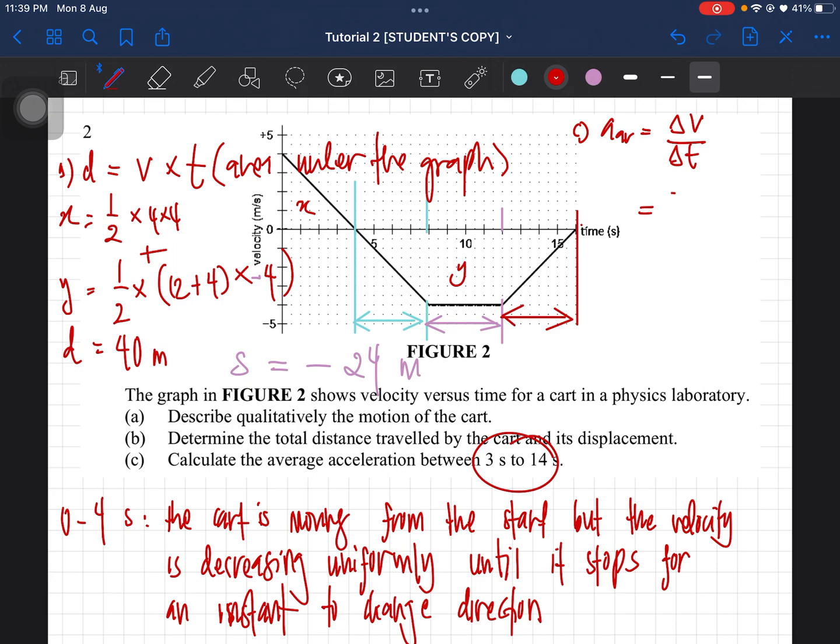So delta v is negative 2 minus 1, and delta t is 14 minus 3. Remember, this is v final minus v initial divided by t final minus t initial. So the average acceleration is going to be negative 0.273 meters per second squared. So that is the solution for question number 2.